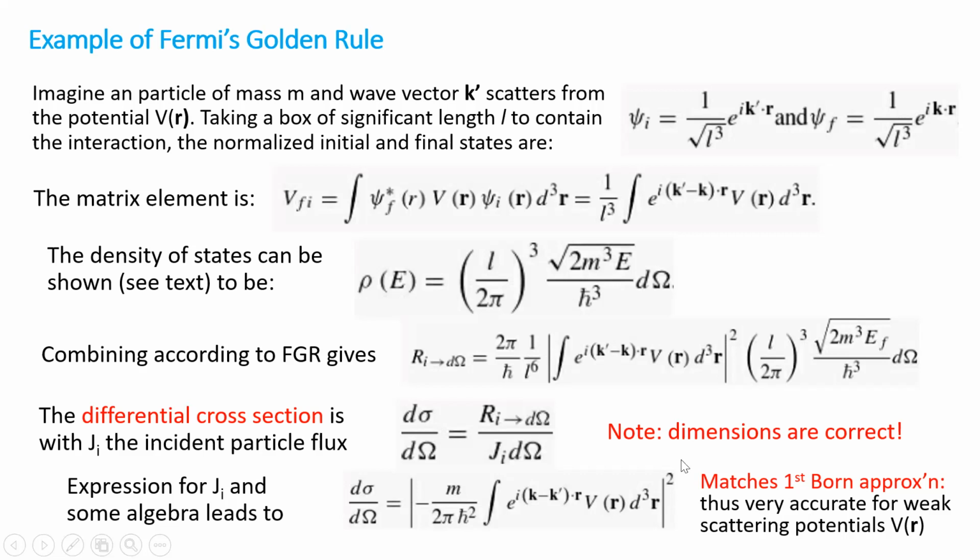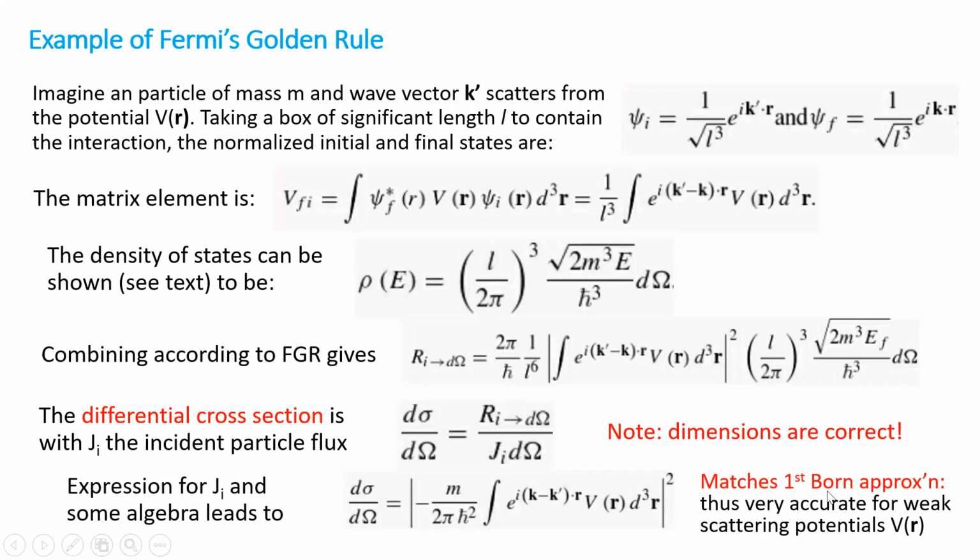So we can say that the result we get here from Fermi's golden rule is generally useful, but would be especially accurate for weak scattering potentials V of r, where the particles are not too violently scattered by the potential. Okay, so that's an example of applying Fermi's golden rule, and we get something which agrees with what we had before.